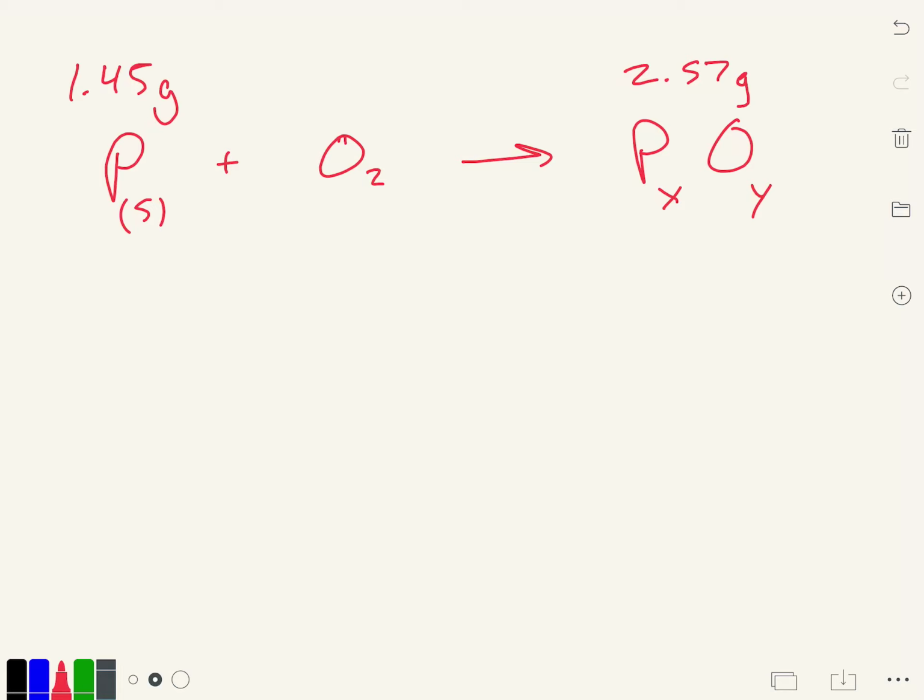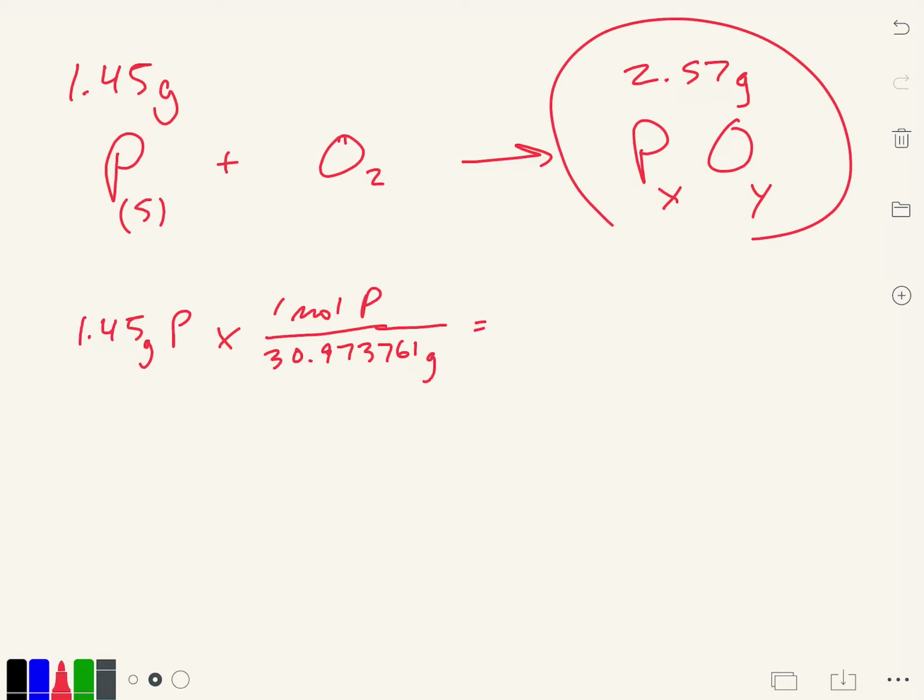Okay, so we know our mass of the phosphorus: 1.45 grams. The periodic table says that 1 mole of phosphorus is 30.973761 grams. Now, how much oxygen do we have? Well, remember conservation of mass: the total weight has to be the mass of the reactants. So 2.57 minus 1.45 reveals that there is 1.12 grams of oxygen.